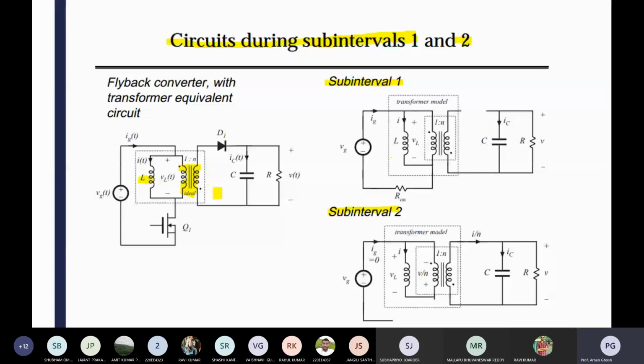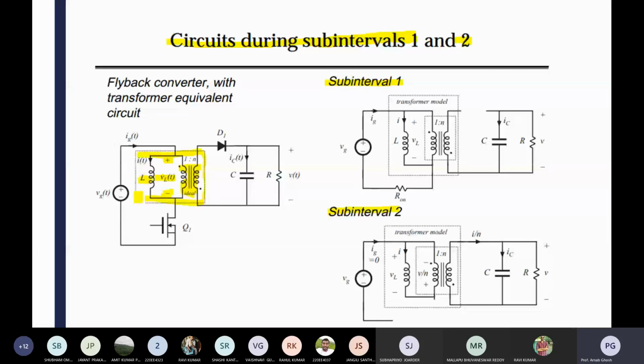You are just splitting them, so you can consider the inductor voltage appearing across your coil, and the same voltage also appearing across your transformer. So you are distributing it in that manner, and it is also possible.